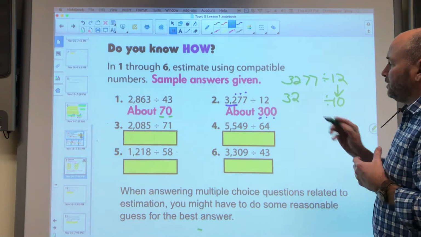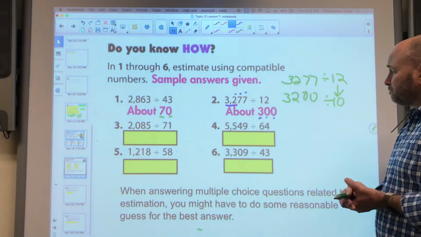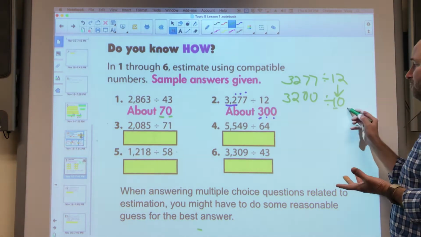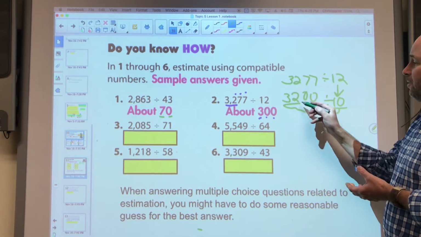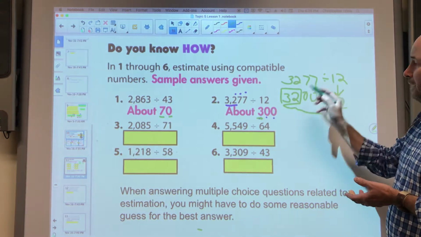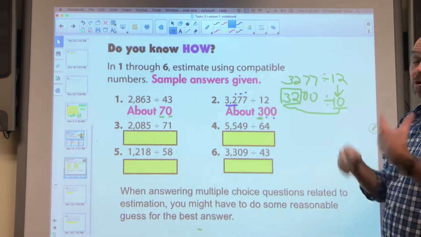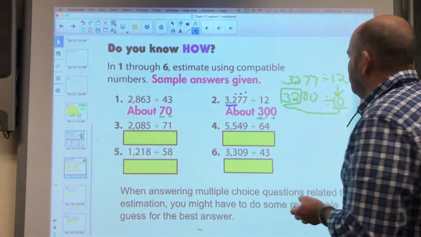So what they're going to do is round it to 3,200. And then, of course, they ask themselves, how many times does 10 go into 32? 10 goes into 32 a total of 3 times. Remember, it's a 3-digit quotient, so you annex some zeros, and that's how they came up with it. All right?